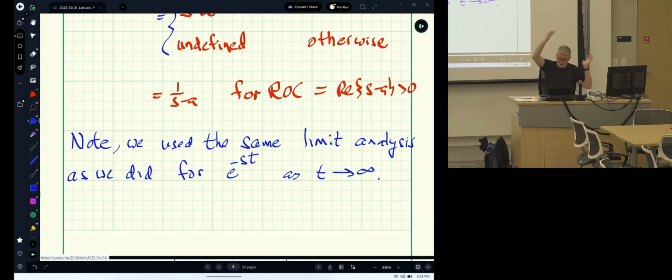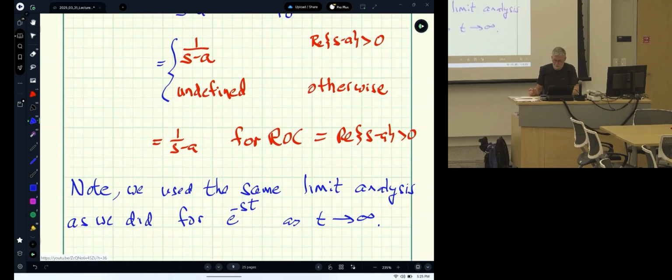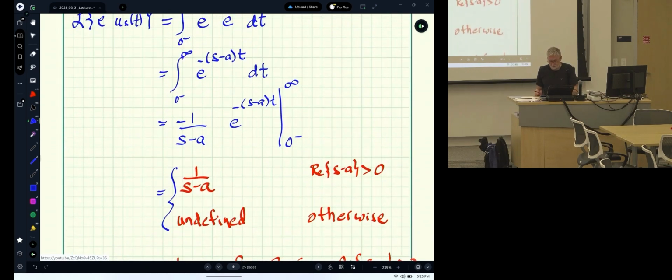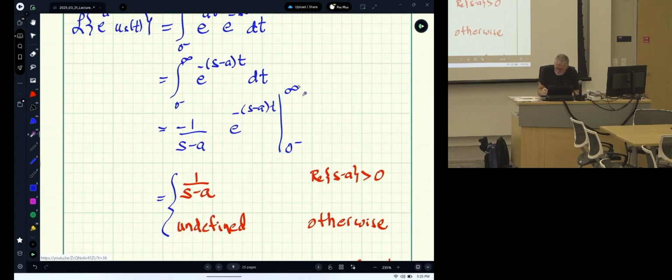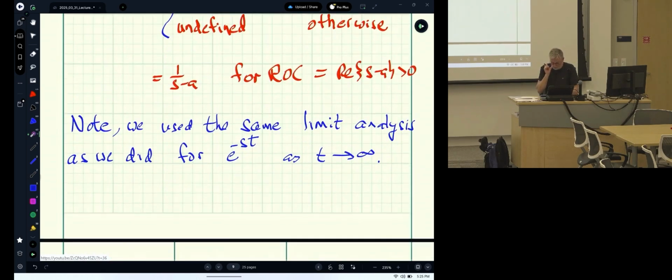It's the real part. Is it crushing down or not? And if it's not, there's no limit. And if it's crushing down, the limit is 0. So that's what makes all of these things simplify to these simple answers. Okay, so this is the hard work, figuring out what that limit is. But they always work out to something simple. And then after a while, you just write it down and you don't do the limit analysis anymore.